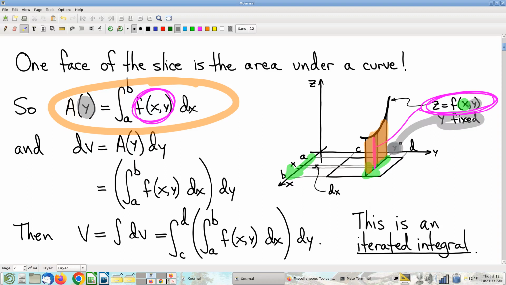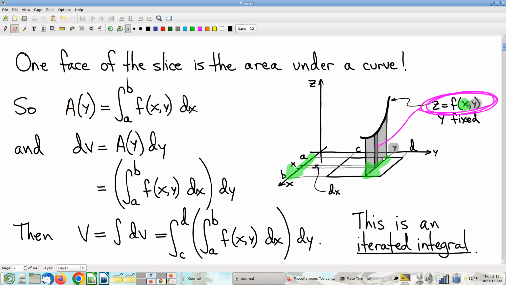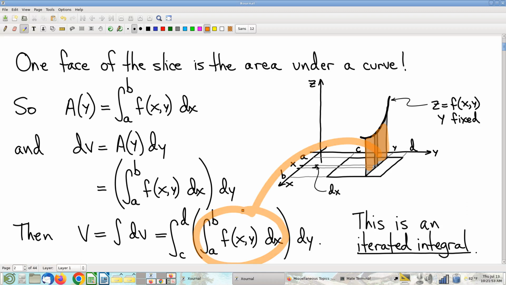So, cool. And everything after that is old news. Let me erase a bunch of stuff here. We just talked about how to compute this area. That's this formula right there. We're going to multiply that area times thickness. The thickness that we multiply by is a width on the y-axis, so that width is dy.